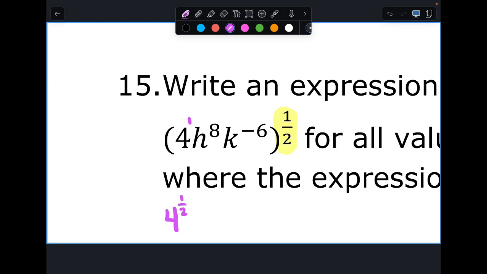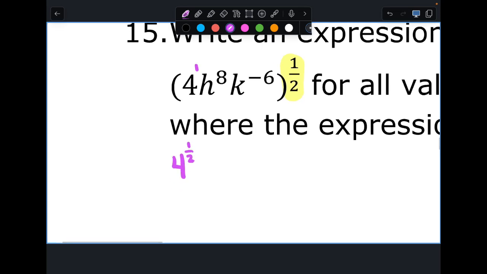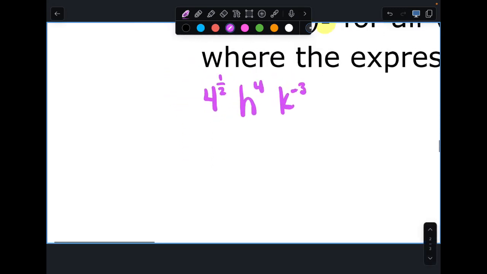1/2. And then h to the power of 8 times 1/2. What is 1/2 of 8? 4. And then what is 1/2 of -6? -3. So this -3 will have to be flipped to the bottom of the fraction to make it positive.